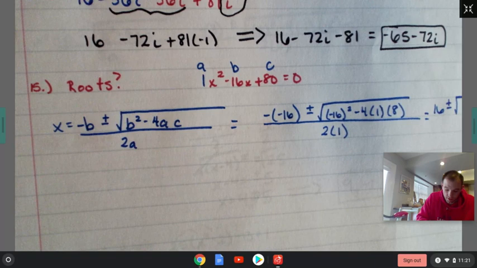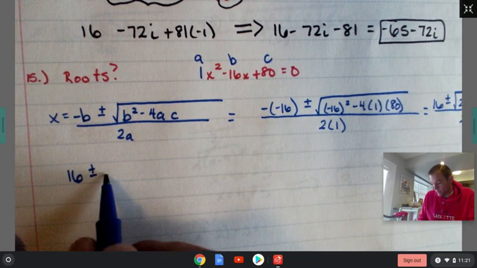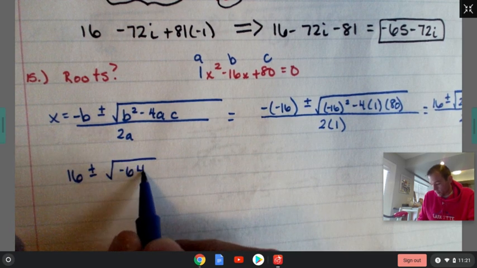Minus 4 times 1 times 80, this should be 80, not 8. 4 times 1 is 4, times 80 is 320. Minus 320, all over 2. Okay, so now we simplify a little bit more. So 16 stays the same. 256 minus 320 is negative 64, all over 2.